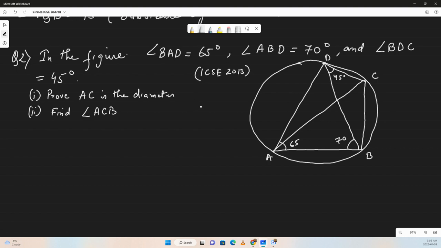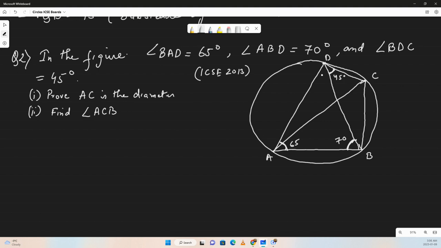So let's read the question. In this figure, angle BAD is given as, sorry, BAD is 65, which is this angle. ABD is 70, which is this angle. And BDC is 45, which is this angle. So first is to prove AC is the diameter. So how can we prove AC is the diameter?